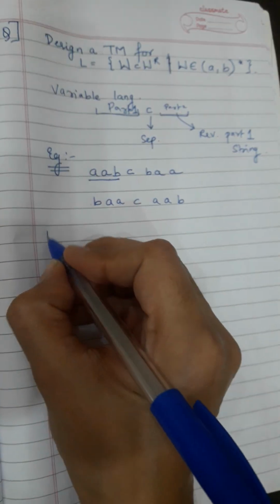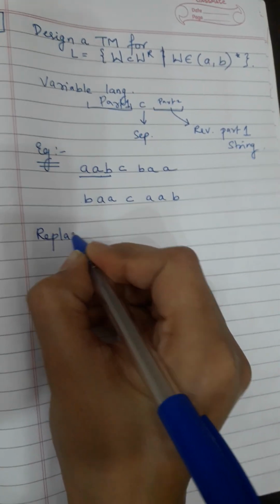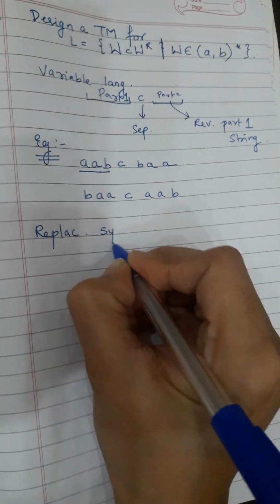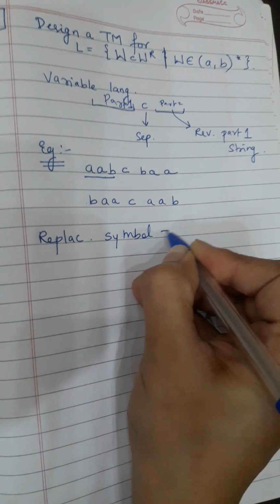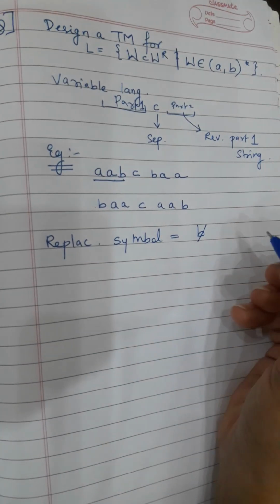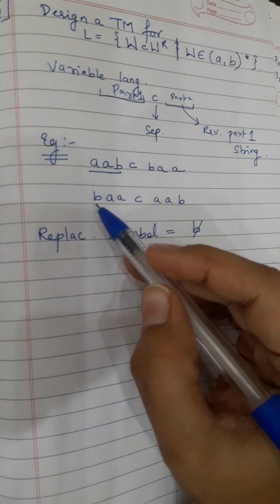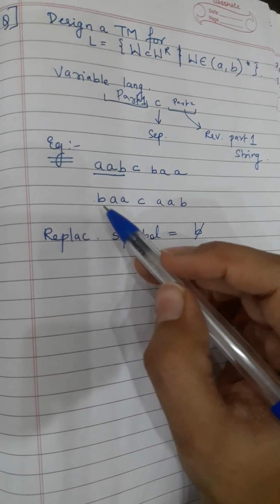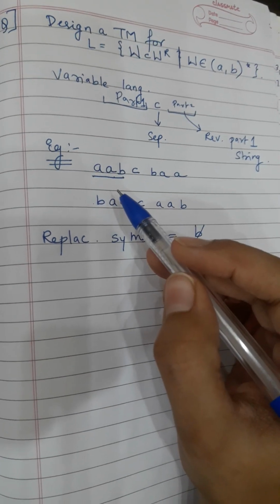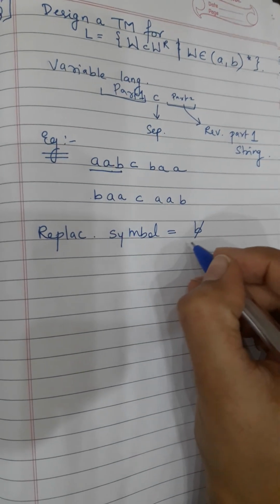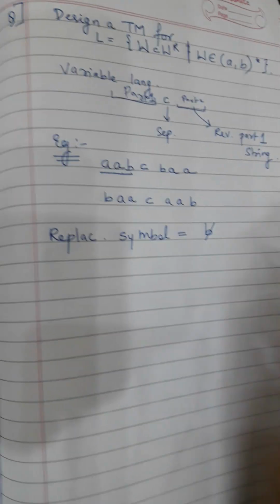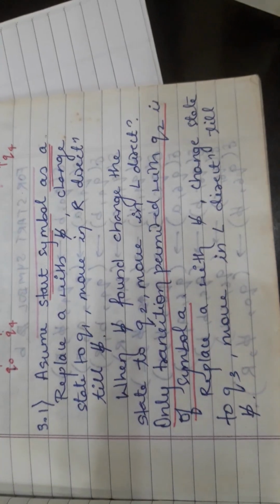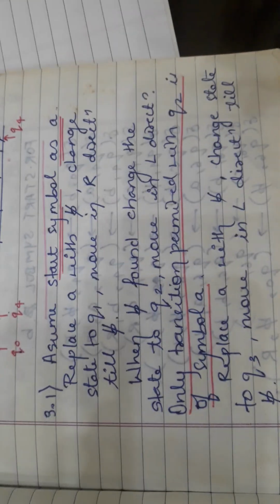So the replacement symbol that we will be using to solve this numerical is blank. That is, whenever we encounter A or whenever we have to change the symbol on the Turing tape, we will replace that by blank. So this is the logic which we will be using.